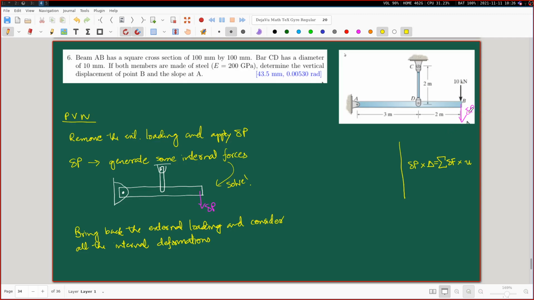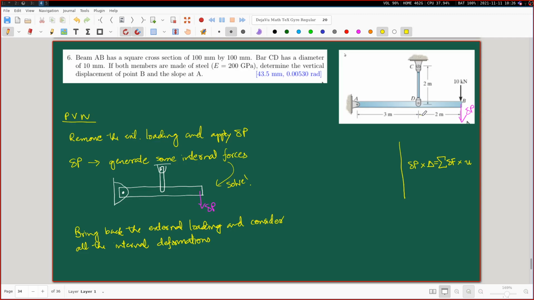So if delta P equal to 1 generates certain forces here and a certain force in this CD of some magnitude, then do you not think that when you apply 10 kilonewton, all those forces and moments and this axial force will just be a multiplying factor of 10 of whatever the previous things were? Think about it for a few seconds. Tell me. Yes, sir.